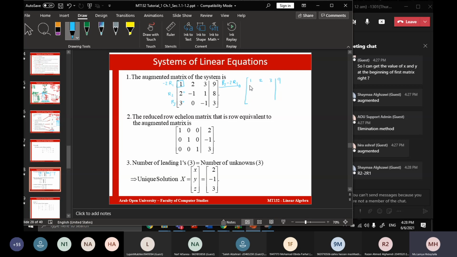And then the new R2: I will have 0, then 2 times minus 2 is minus 4, minus 4 minus 1, so it is minus 5. Then 3 times minus 2 is minus 6 plus 1, then minus 5. And then 9 times minus 2 is minus 18 plus 8 is minus 10. Okay, so I changed R2.